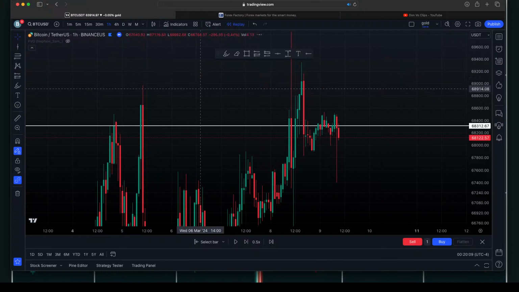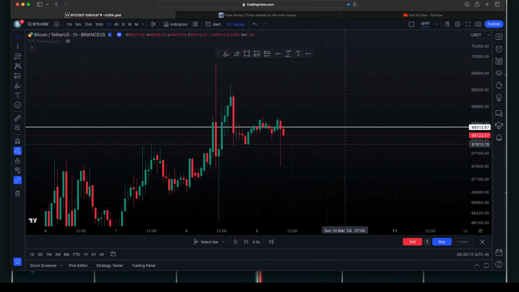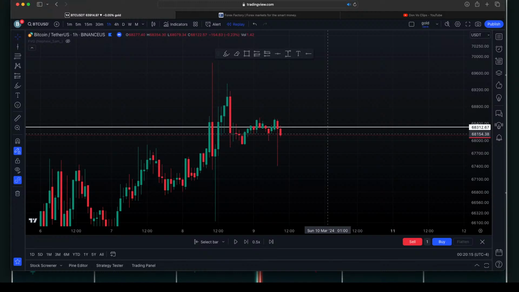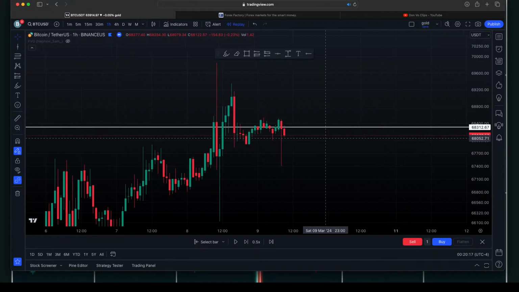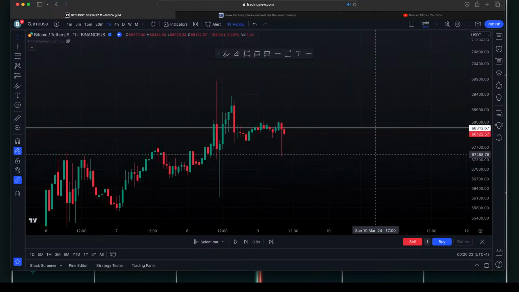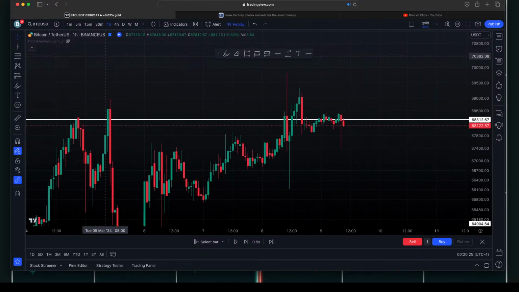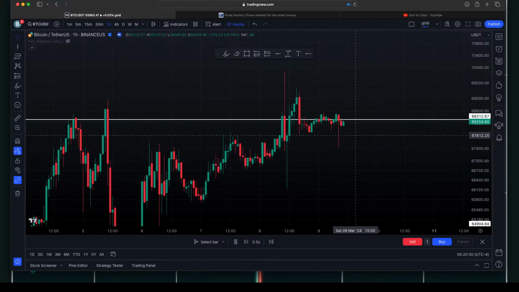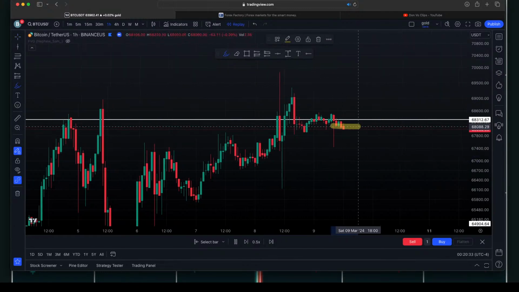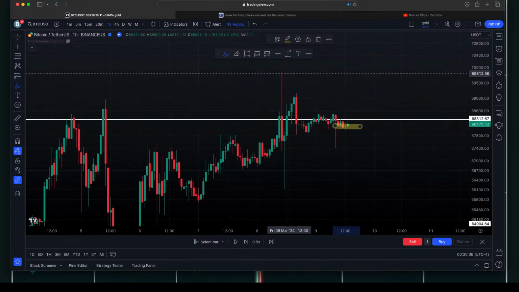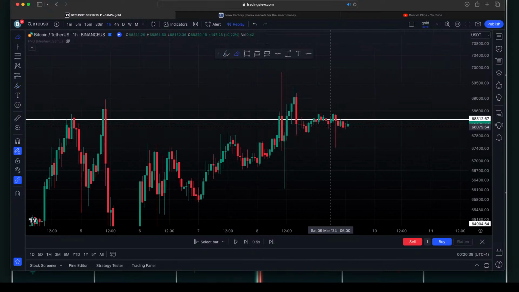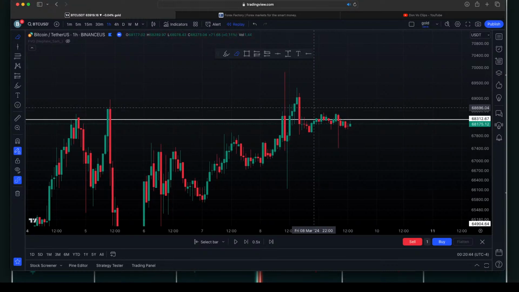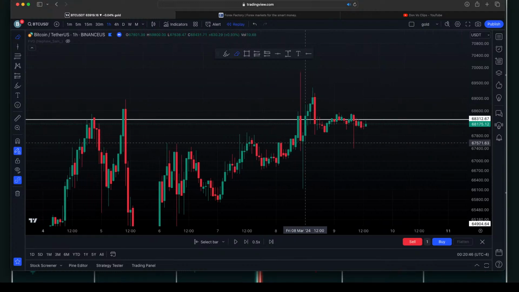Let me see. On the 1 hour, we broke that low. This has a clean range right there, so I would probably take a sell at that point, I would think, because that looks like a, well, no, wait, let's see.